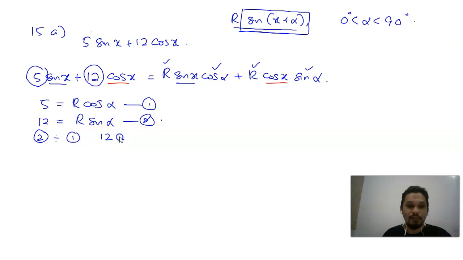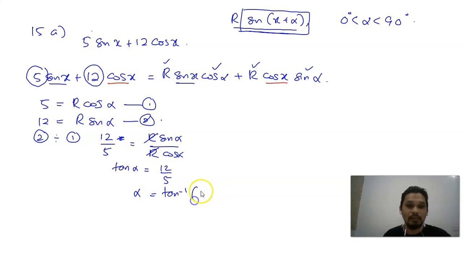So 12 divided by 5 equals r sine alpha divided by r cos alpha. So r divided by r equals 1. Sine over cos is tangent alpha equals 12 divided by 5, and alpha equals arctangent of 12 divided by 5.